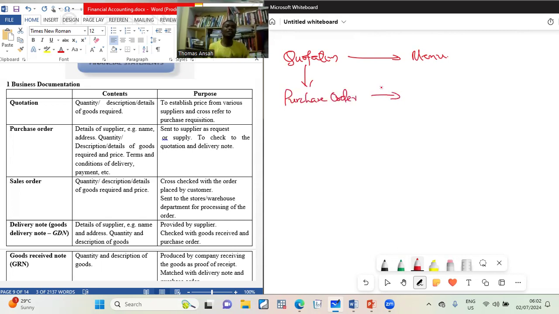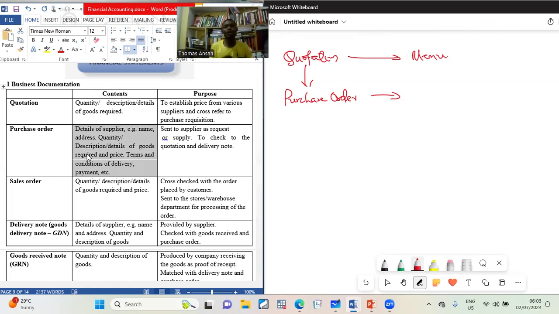So what is an order? After you've checked all the prices, you feel like, okay, let me go to supplier A to actually buy from. So you list the details: the name, the quantity of goods that you want to buy, the required price, and everything.